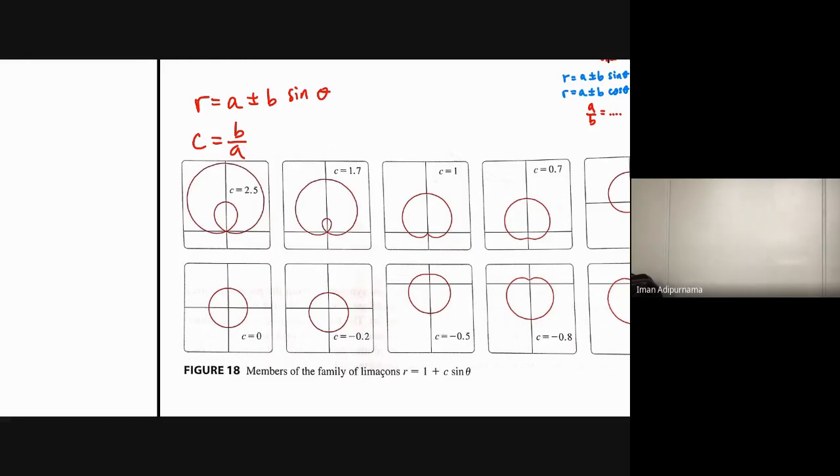And as we turn it down and make it smaller, say 1.7, the loop gets smaller. And at exactly 1, as we've previously done, it will be the cardioid, right? And then getting smaller, we still have this, which we call the dimpled limaçon.